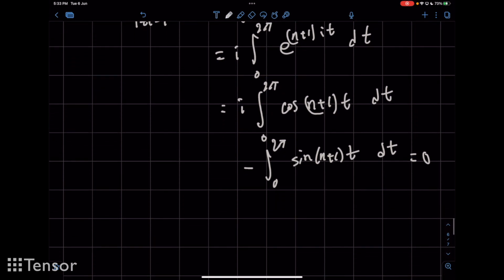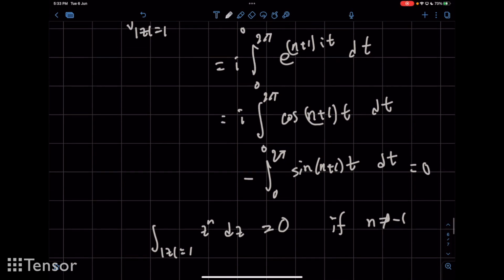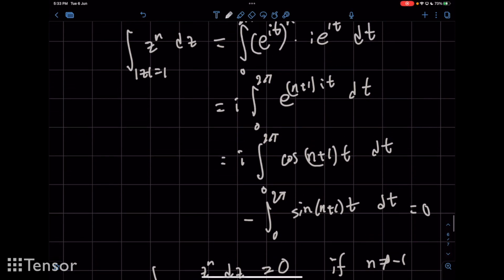So we have established that the integral of z to the power n over the unit circle is 0 if n is not negative 1. If n is negative 1, then we would have a 1 in here. Since n is not negative 1, I can split up this exponential into cosine and sine.